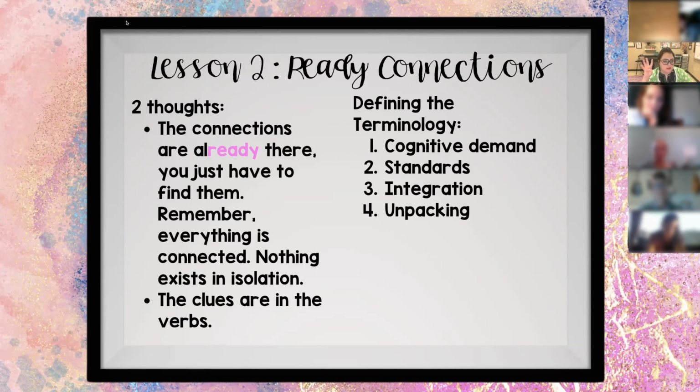I wanted to go over these. These are four words that I'm going to use a lot. Cognitive demand is what is demanded of the students' brains. Like, what are they having to do cognitively? What is being demanded of them? There we have things that are low cognitive demand, and we have things that we can do that are high cognitive demand.